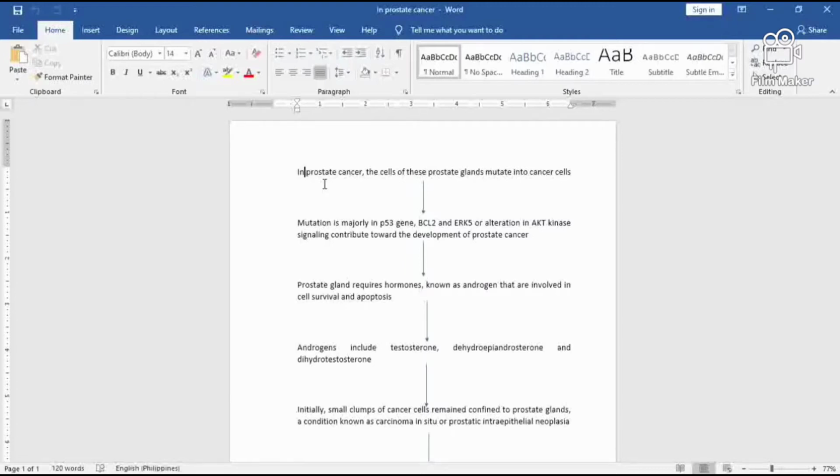And ERK5 or the alteration in AKT kinase is a protein, a member of mitogen-activated protein kinase.